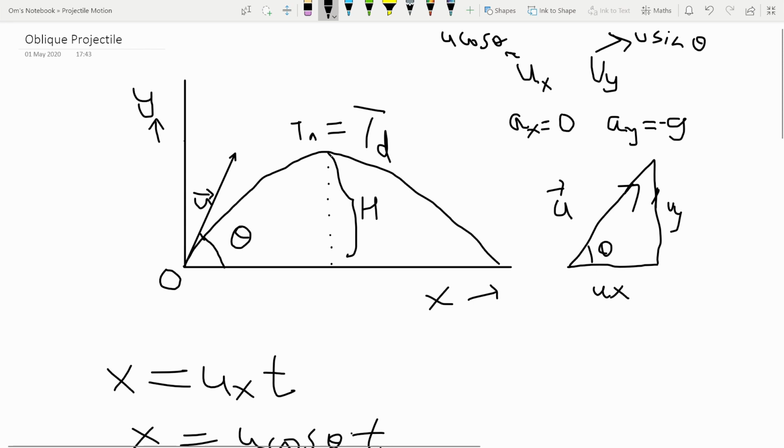Suppose it could still keep on going higher like that, then that would be the point of maximum height and not this. So by contradiction, the vertical maximum height has to be achieved at a point where the vertical velocity is 0.